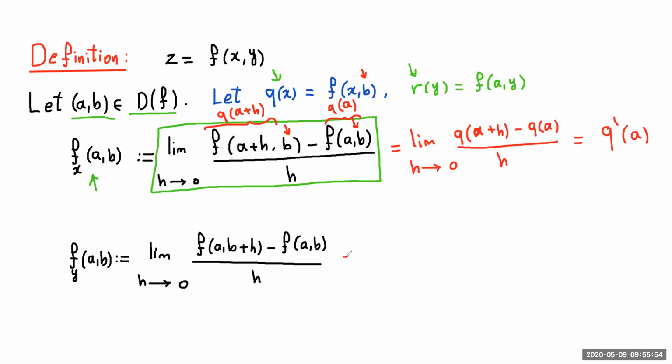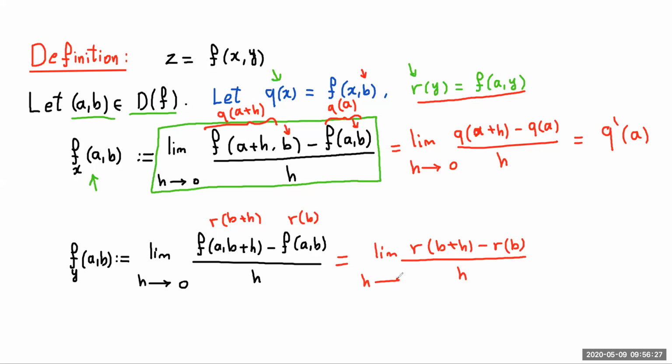And also here, this term f(a, b plus h) is r(b plus h), and this term f(a,b) is r(b). So I have the limit of r(b plus h) minus r(b) over h when h approaches 0.